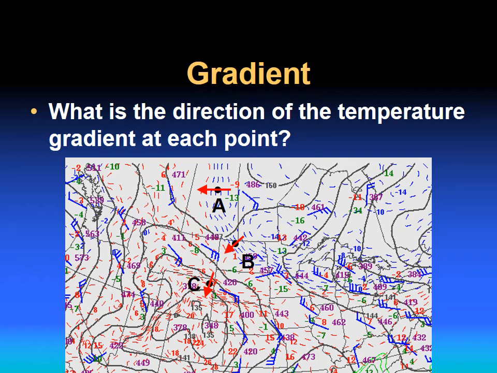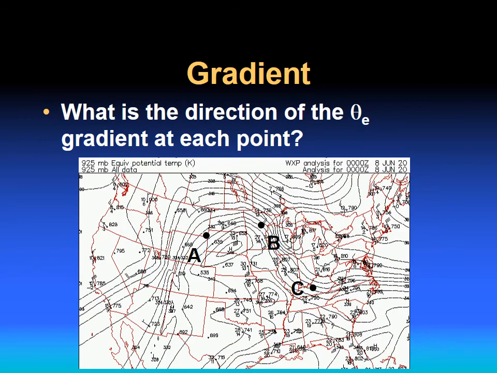Point B, it kind of points a little bit to the southwest, but it's still 90 degrees and to higher values, 90 degrees to the isotherms. And point C, it looks a little bit convoluted there, but it looks like higher values are found to the south.